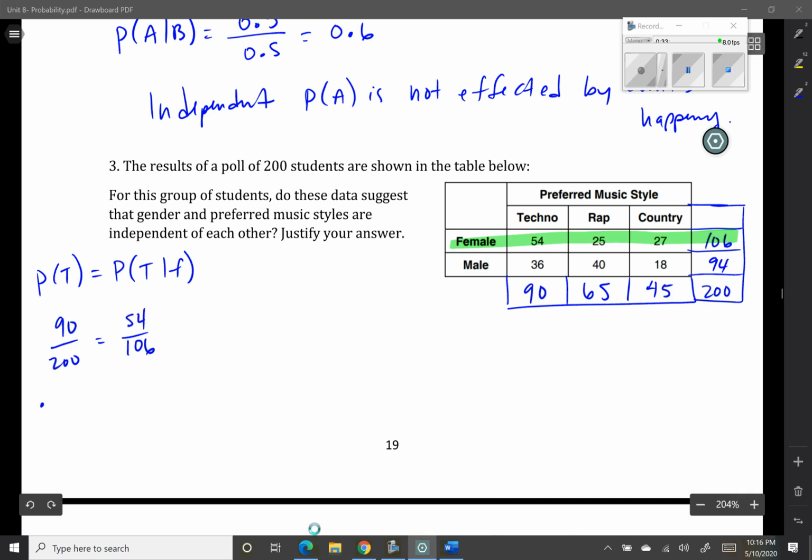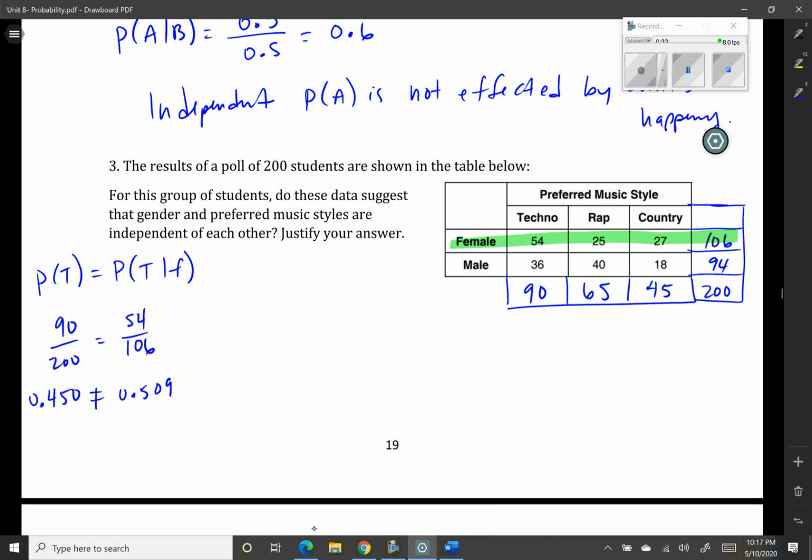So we get 0.450, and that's not going to be the same as 0.509. So just from this particular piece of information, we can say that techno and female are not independent of each other, meaning there's some type of association between gender and whether or not you like techno music.